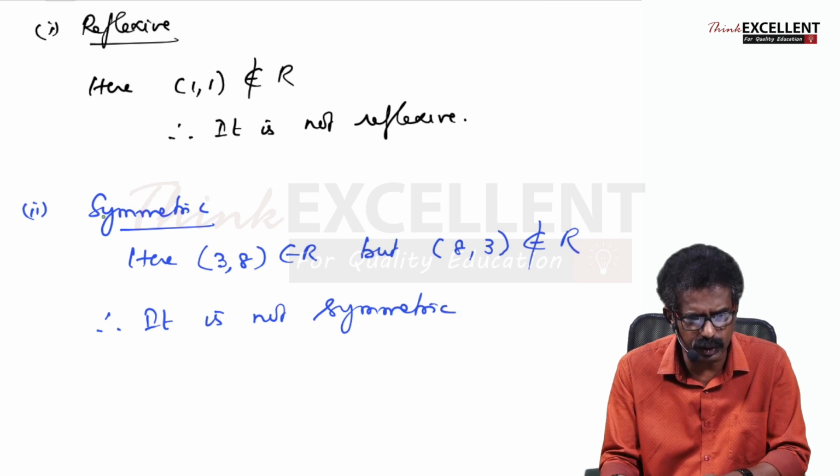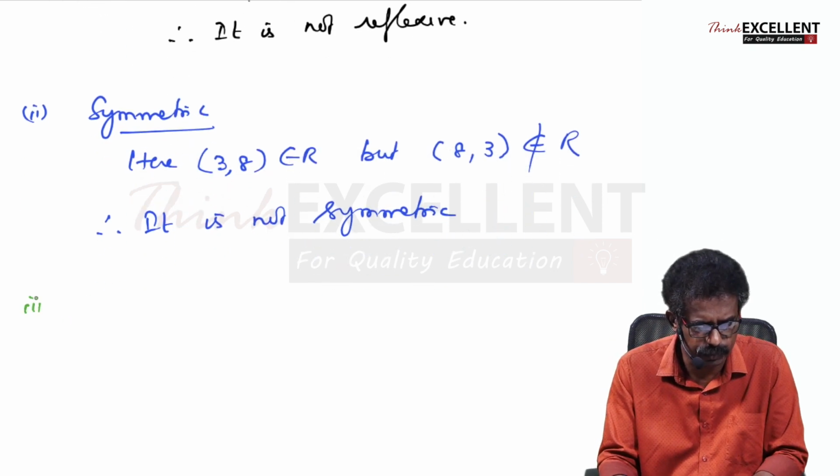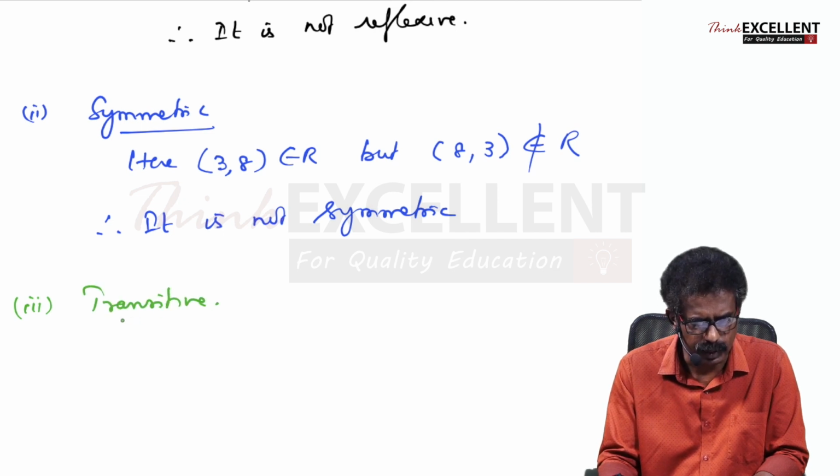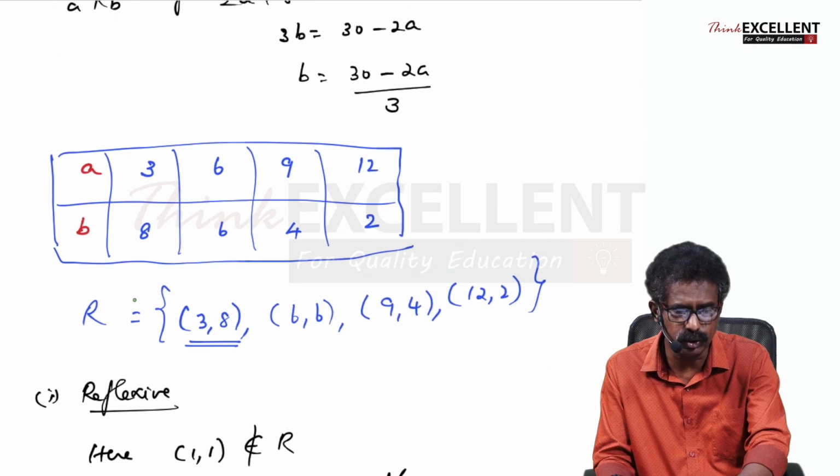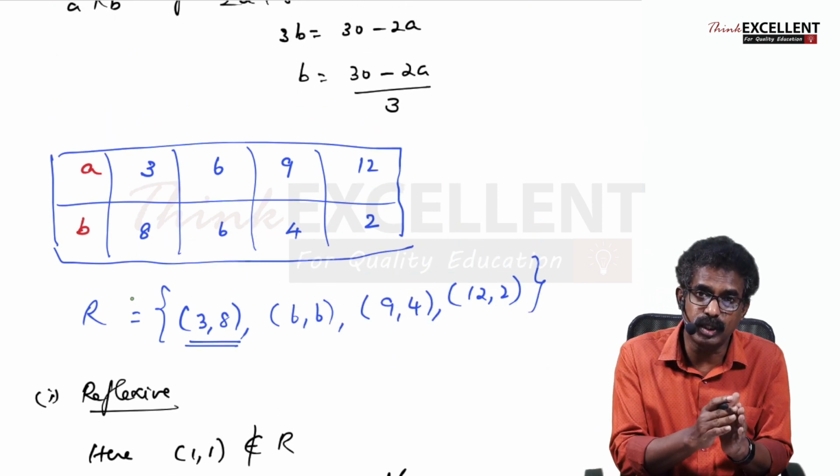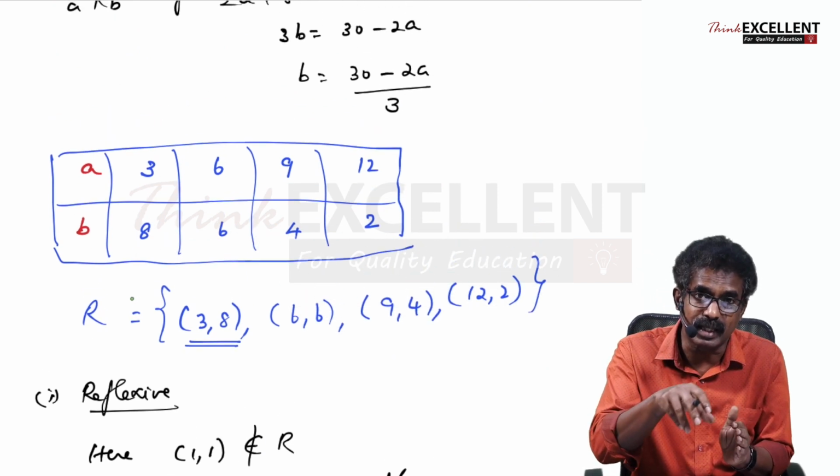Next, the third one you have to check, it is what? Transitive. Now listen, transitive means two conditions. A related to B, then from that B, the continuity should be there.